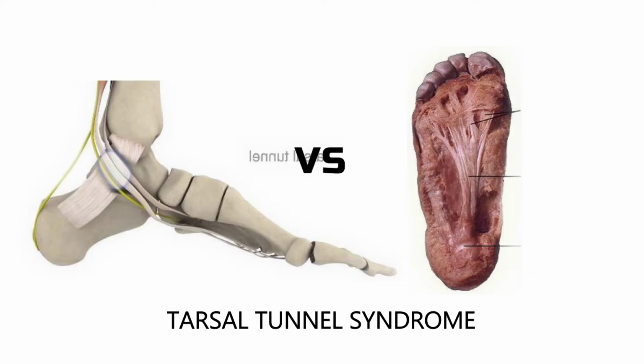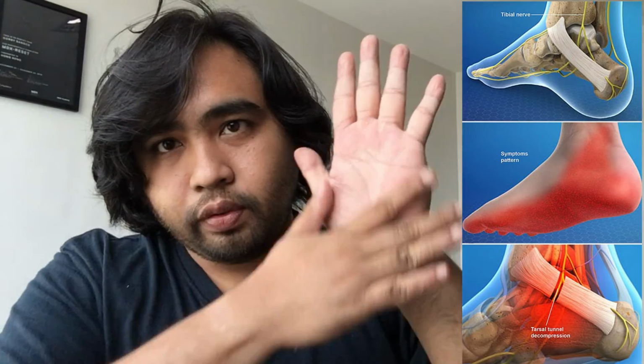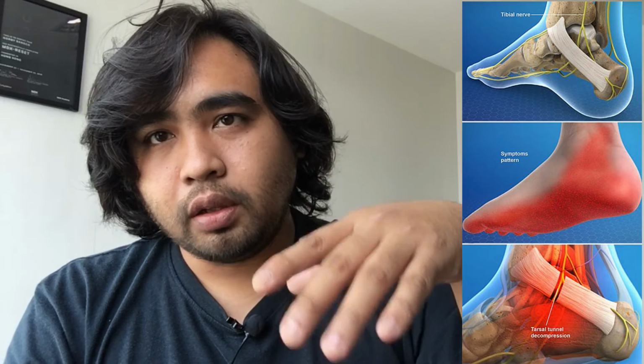Now, it could also be compressed at the tarsal tunnel area, not actually in the foot, but more around the ankle. On the inner side of the ankle, there's a tunnel wherein the tibial nerve passes. Once it compresses, it creates that tibial nerve compression. What you will feel is a burning, tingling sensation on the whole part of your foot if it's tarsal tunnel syndrome.